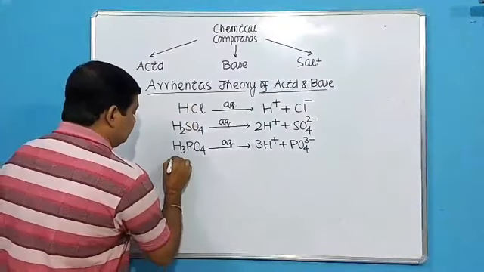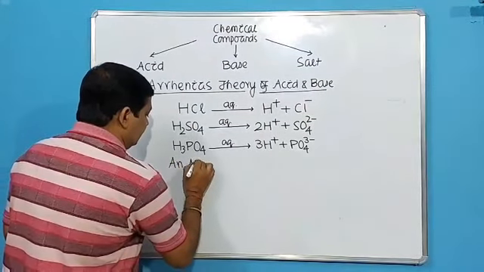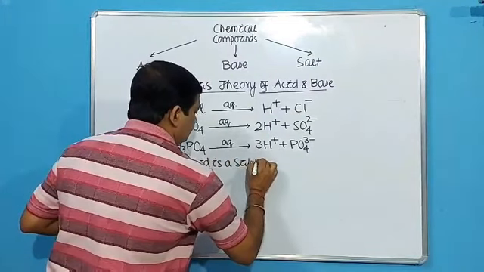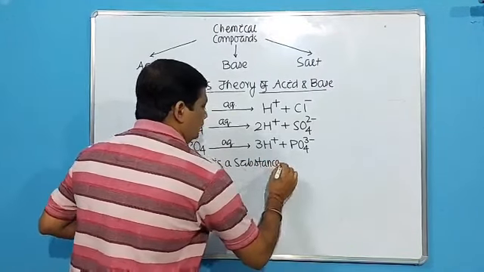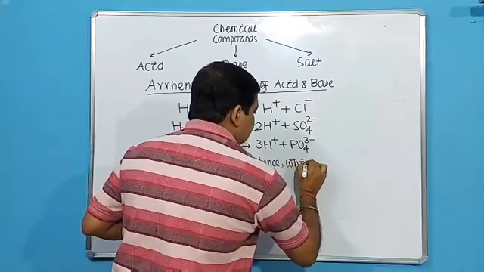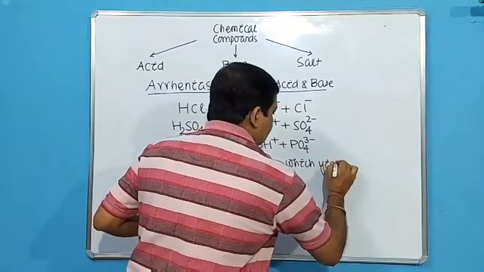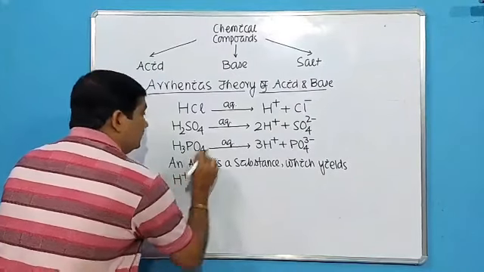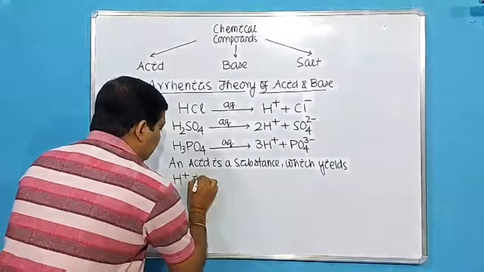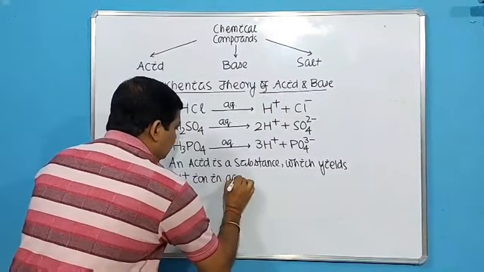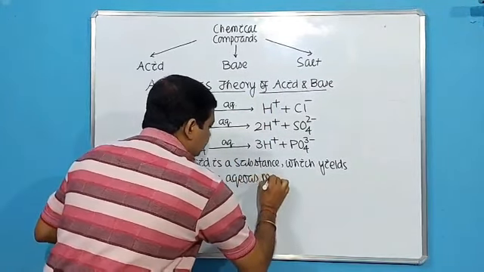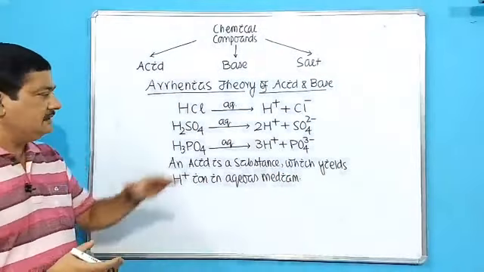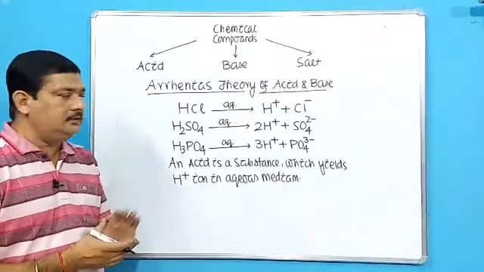So as per Arrhenius theory, an acid is a substance which yields, that means gives, H plus ion in aqueous medium. Did you understand the definition? Follow the examples clearly, it will be easier for you.